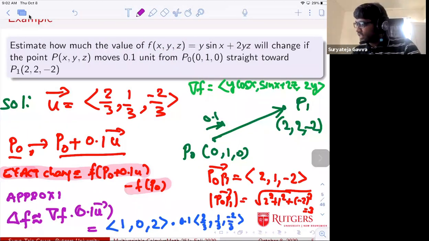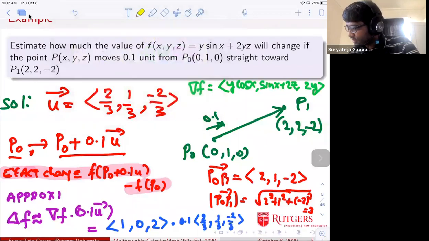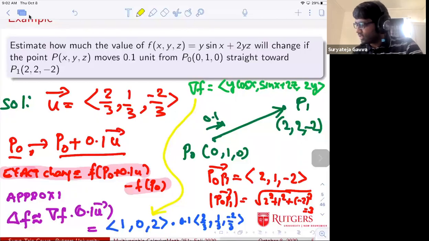Okay, so this is gradient f. I substitute the point 0, 1, 0 in this expression, and you'll get this vector 1, 0, 2.